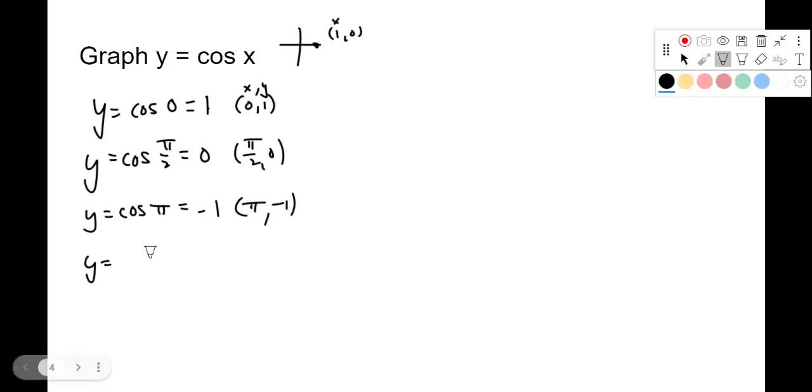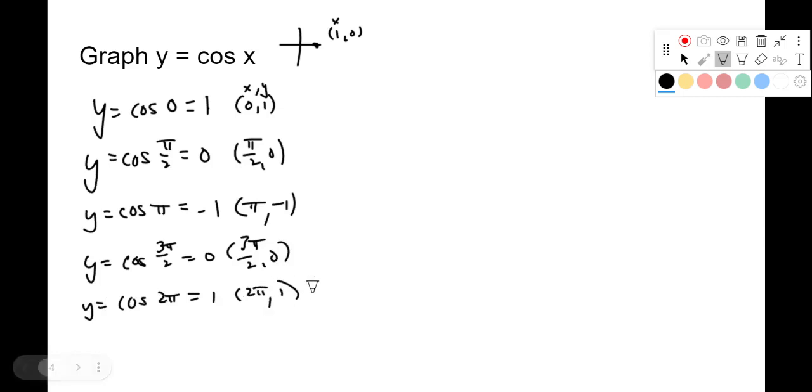If I asked you for the cosine of 3 pi over 2, that's 0. So that's 3 pi over 2, comma, 0. And then if I asked you for the cosine of 2 pi, you would tell me that's 1. Again, you get 2 pi, comma, 1. And with that, we can make the graph of one cycle of this curve.